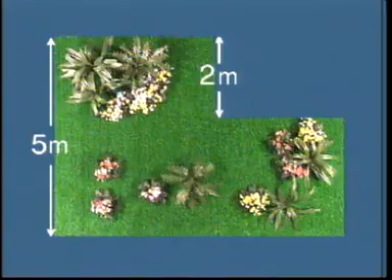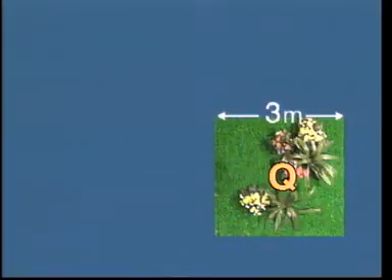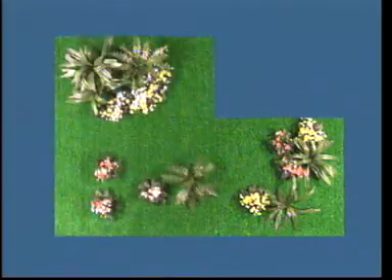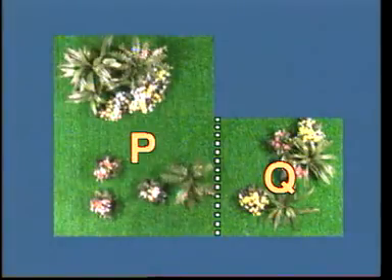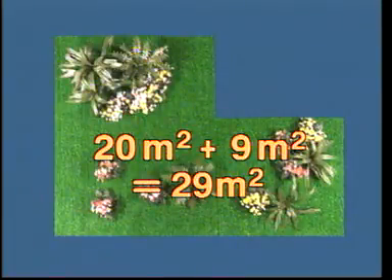That is 3 meters wide. So, rectangle Q is 3 meters long and 3 meters wide. 3 meters multiplied by 3 meters is 9 square meters. Now, we simply add up the areas of rectangles P and Q. 20 square meters plus 9 square meters gives us 29 square meters. So, we'll have 29 square meters of garden left after building our fish pond.